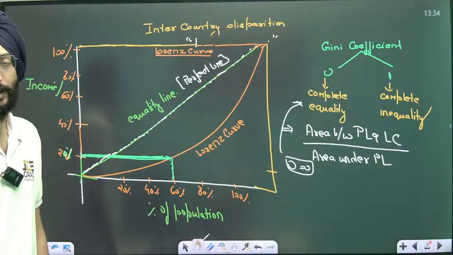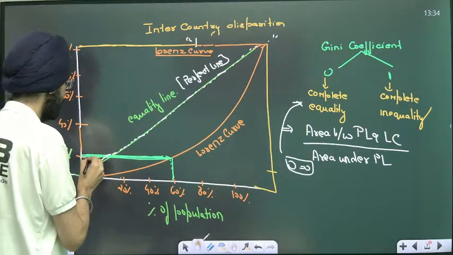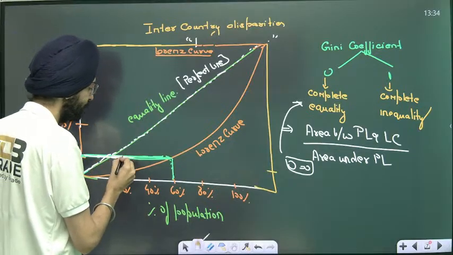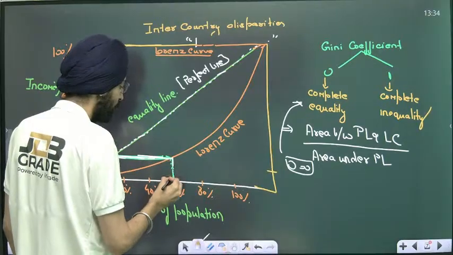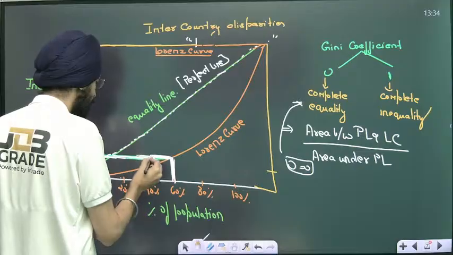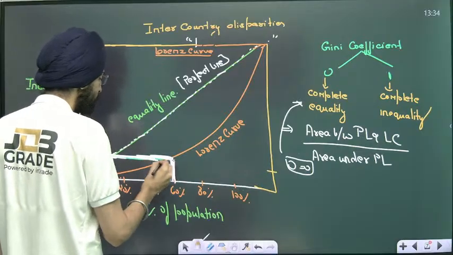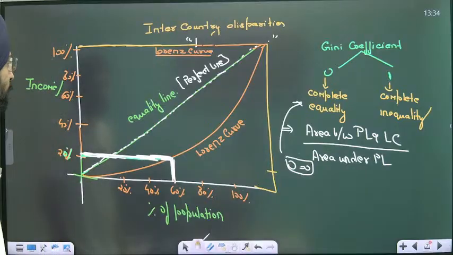But again, perfect equality is next to impossible.